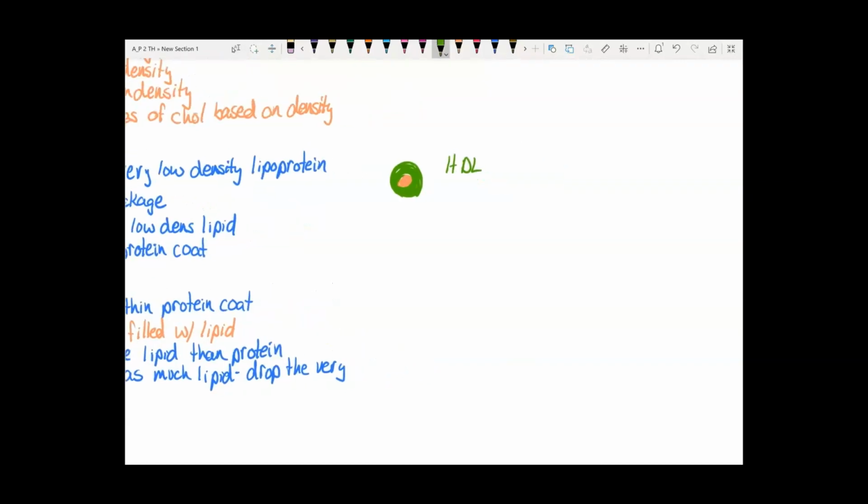So you have more high density protein than you do low density lipid. So this is high density.